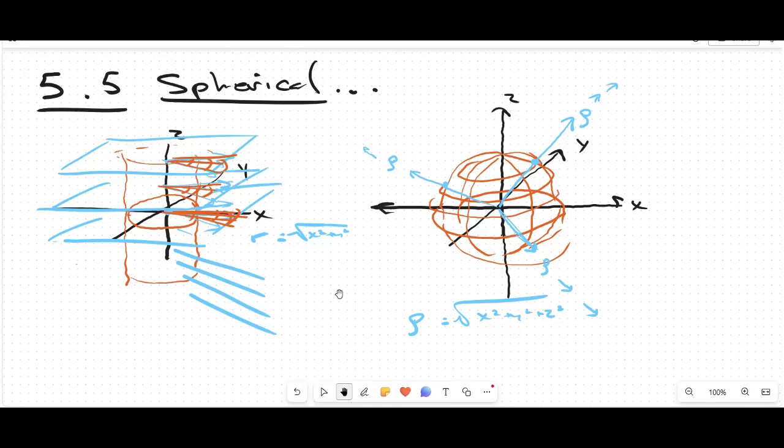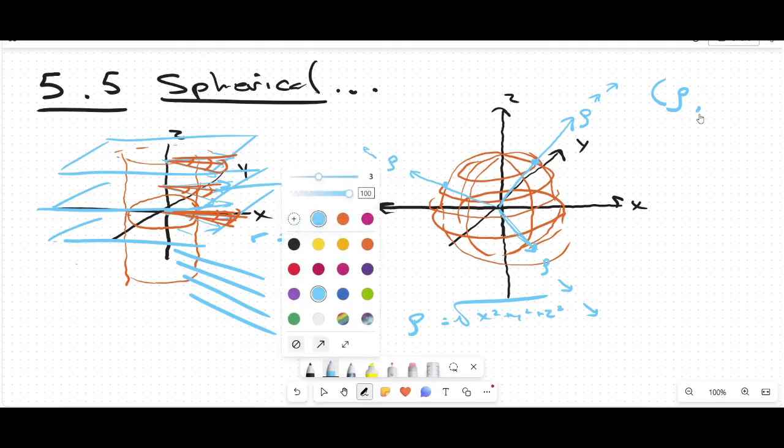And then once you kind of buy that, which is probably the easiest one to buy, then you want to understand how we isolate the next two coordinates. It's three dimensions, so we need three coordinates. So far we've got rho, comma. Okay, the next one is theta. It's exactly the same theta as we're already used to.